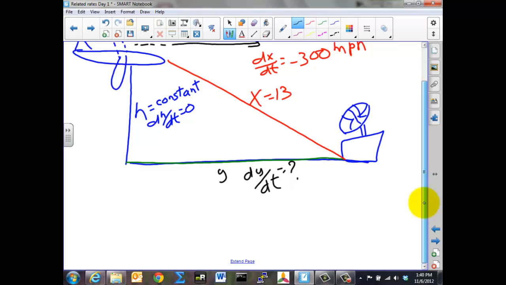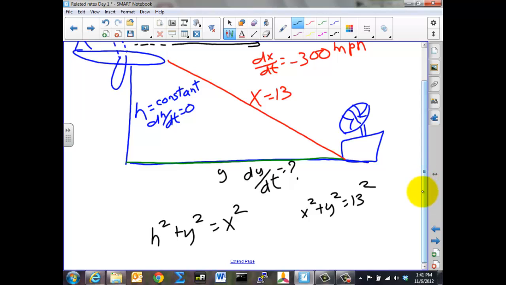I think h squared plus y squared equals x squared. You were saying x squared plus y squared equals what? Just 13 squared. But x is 13, so it's the same.